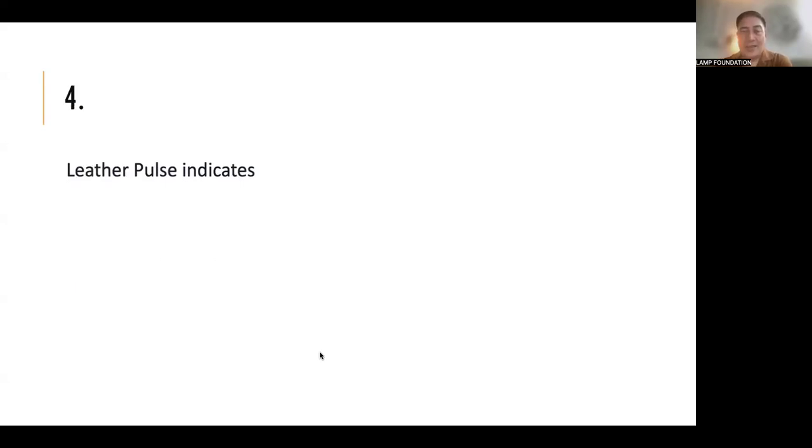Number 4, leather pulse. Oh my, if you feel this on your patient, you will never forget it. Maybe I've experienced it in one way or another, but I'm not yet too particular with my patients, since my differentiation of pulse is only deficiency and excess. I get confused when there are too many variations, since almost every patient is different.